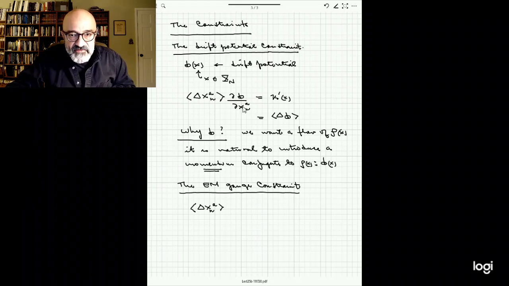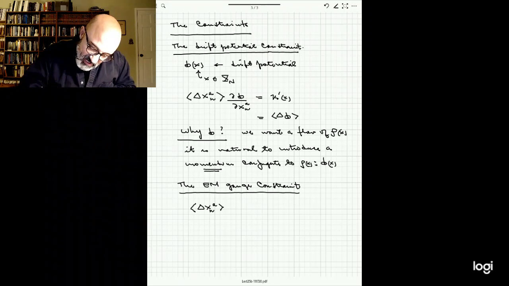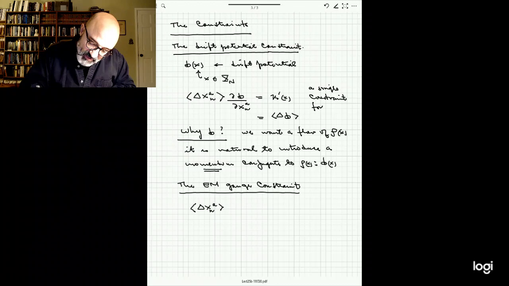Now, there's a big difference between the previous constraint and this constraint. Here, this was a single constraint. One constraint for all particles.